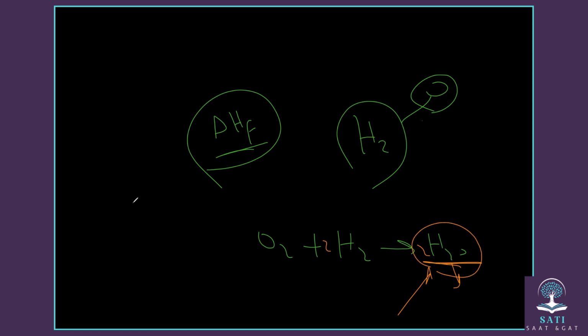These ones, of formation of water, minus these ones. And these ones will be 0. So that means we just find here the formation or the standard enthalpy of formation of this product or of this compound.